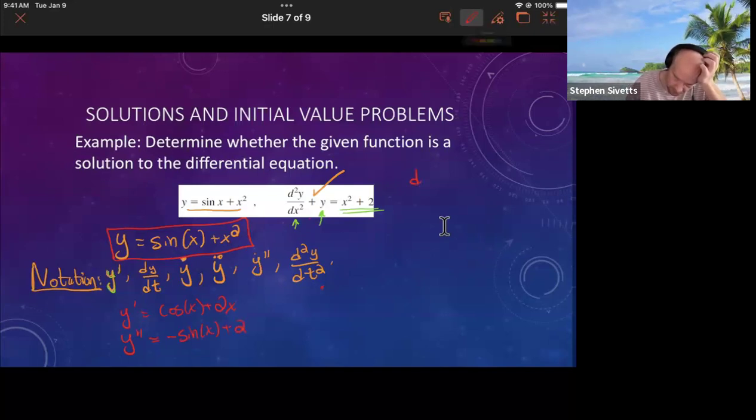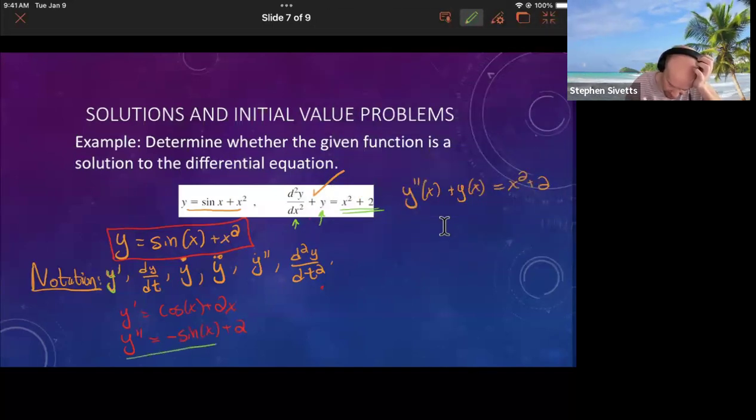So what this means now is, here's our equation: y double prime with respect to x plus y has to equal x squared plus 2. So y double prime of x was this quantity here, negative sine of x plus 2, plus y of x, which is our given function here, so plus sine of x plus x squared, right?